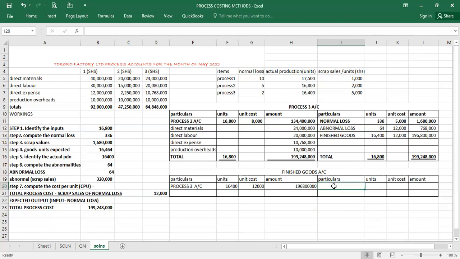Then we come here and we say we are taking this information to the trading. It's called the trading. You can call it trading profit and loss account. Those are the names.